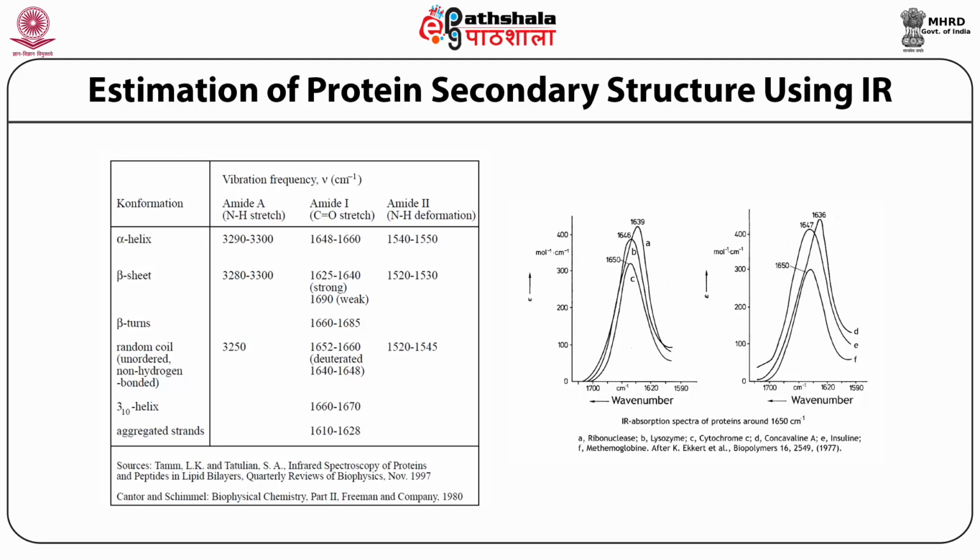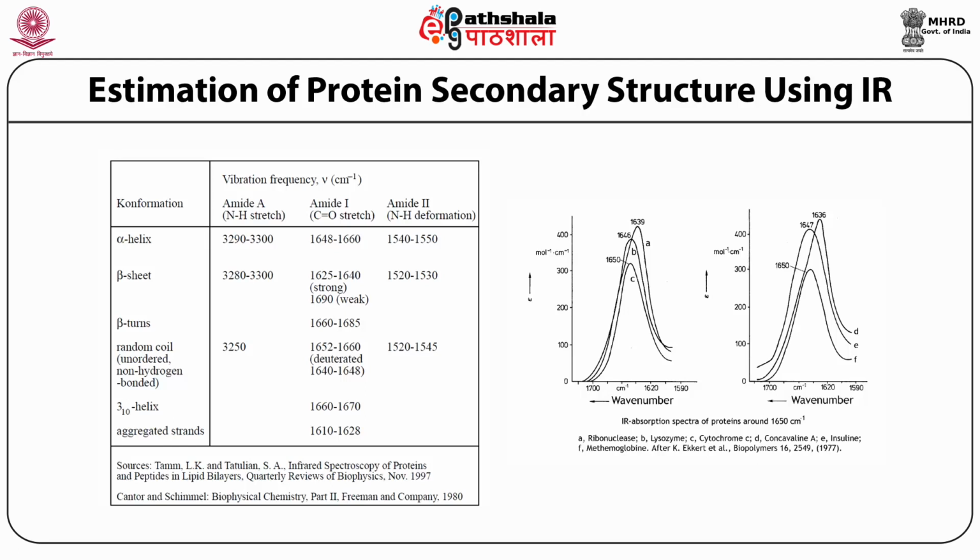Not only this, the secondary structure elements of the protein also give characteristic features. For example, the alpha helix gives the amide A band at 3290 to 3300, amide I C=O stretching at 1648 to 1660, and amide II NH deformation at 1540 to 1550.